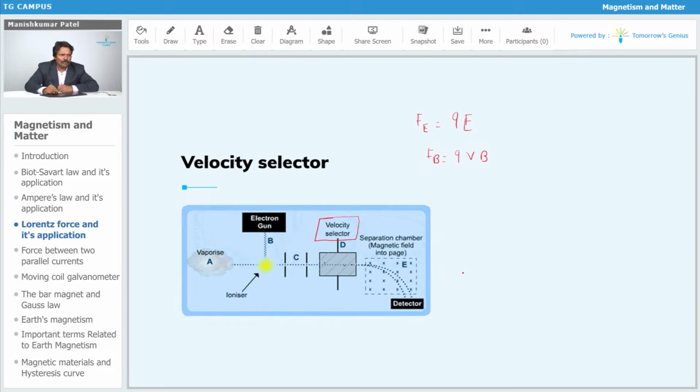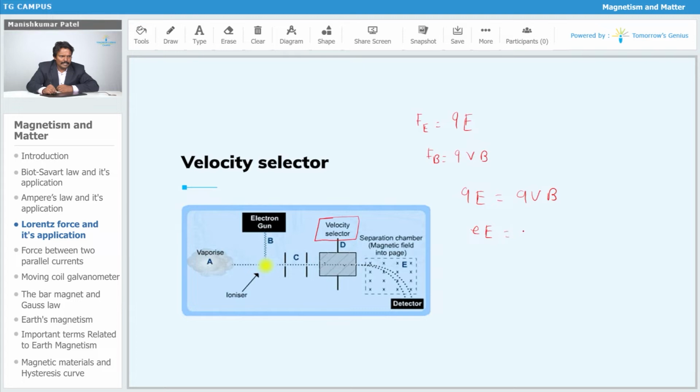So in this case you can make the electron undeflected by making sure that the force due to the electric field is the same as the force due to the magnetic field.